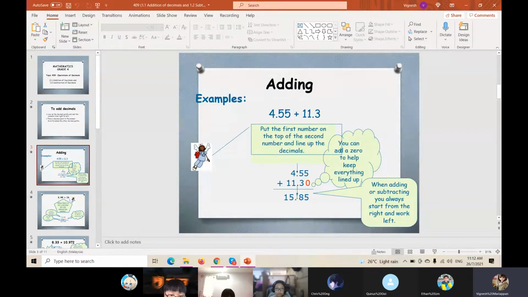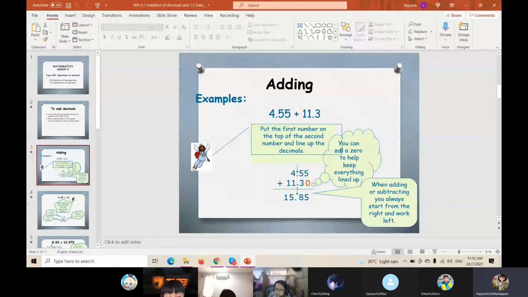Can you see how the teacher lines up the decimal point? Yes, teacher.